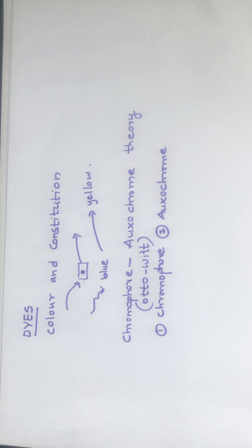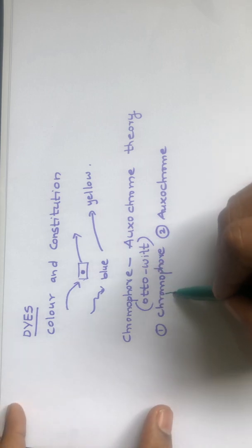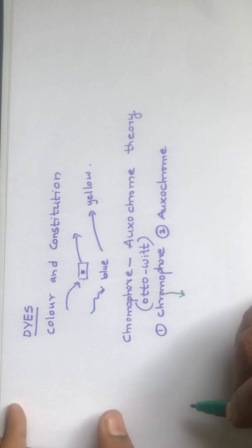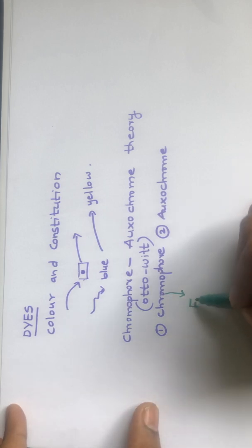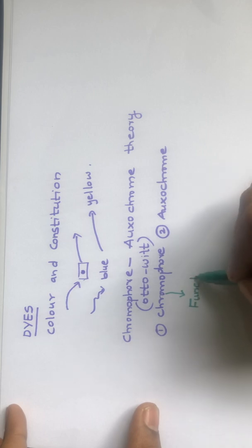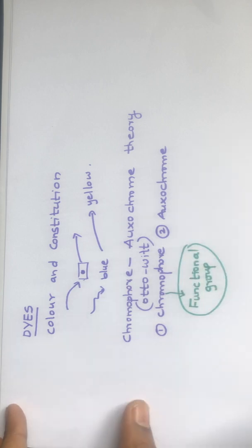Chromophores are multiple bonded functional groups which are responsible for color. So the color of a substance is due to certain multiple bonded functional groups. Those are referred to as chromophores.